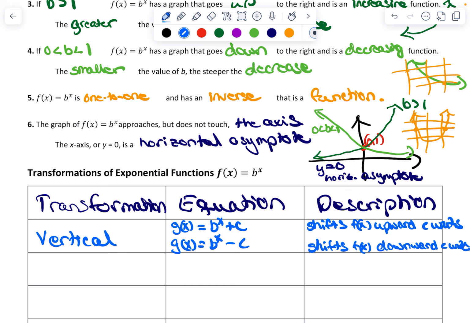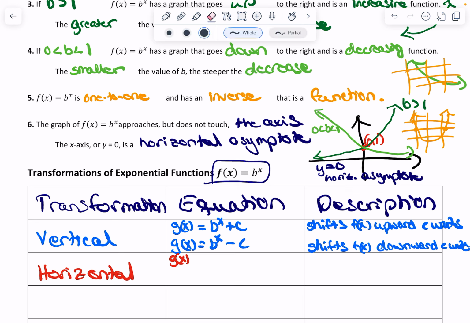And I forgot to mention that here's our f of x. So f of x equals b to the power of x. Okay, let's look at horizontal transformation. So horizontal is the one that is done with the x. Vertical is done to the y. So that's why we're shifting up and down. We're adding it to the b to the power of x. Horizontal will be added to the x, so x plus c on the exponent.